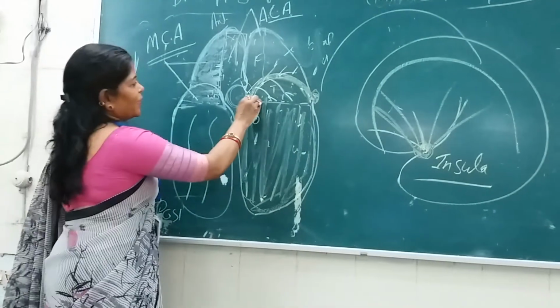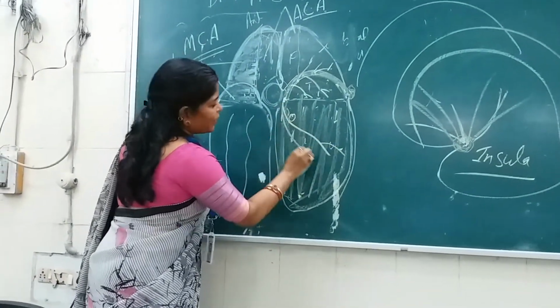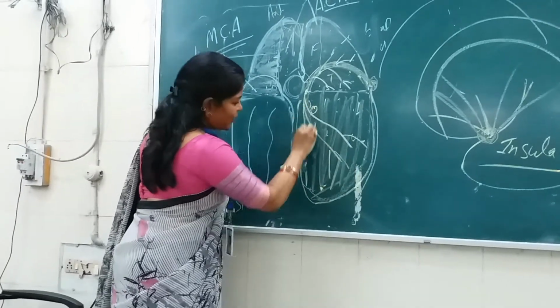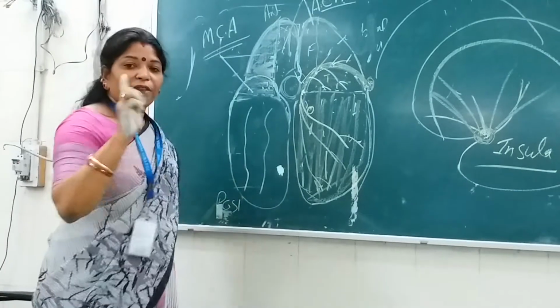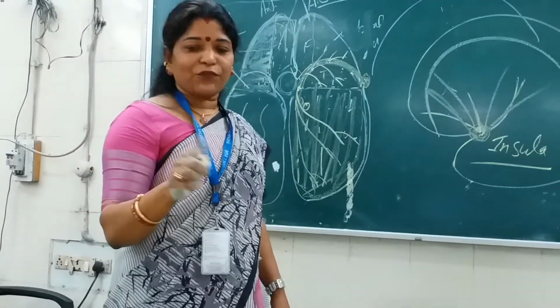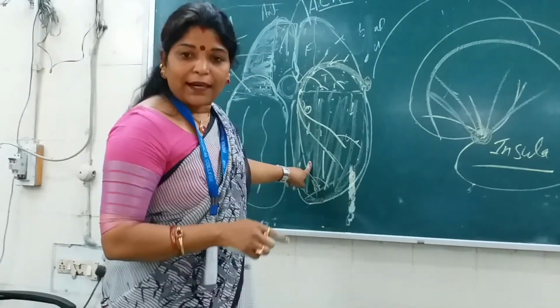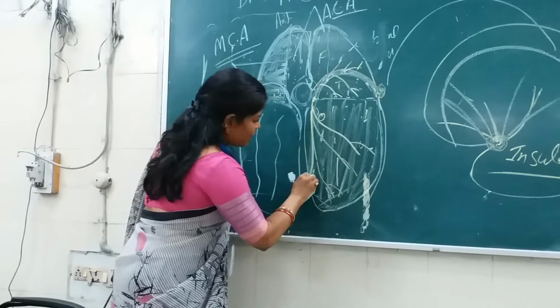Now the posterior cerebral artery, through the cortical branches, is supplying the whole of the tentorial surface. A very important branch of the posterior cerebral artery which we have discussed is the calcarine branch. The calcarine branch, where is it going?